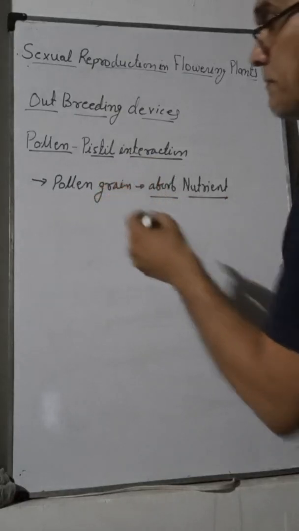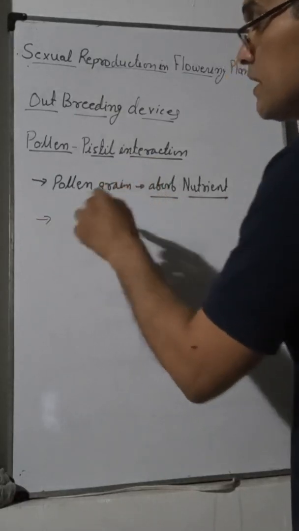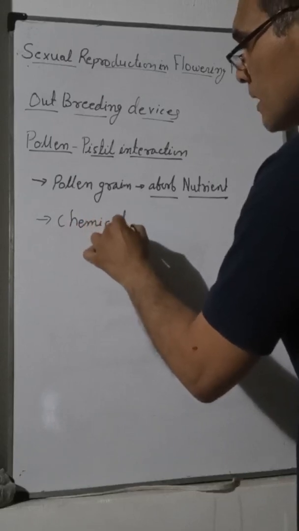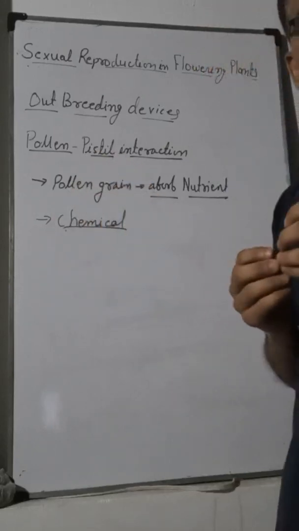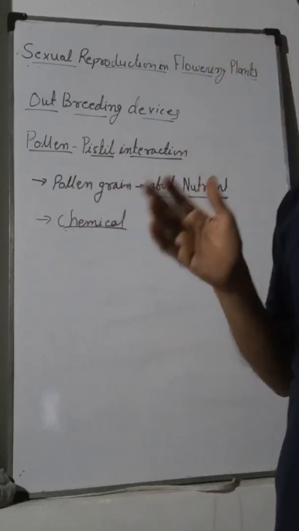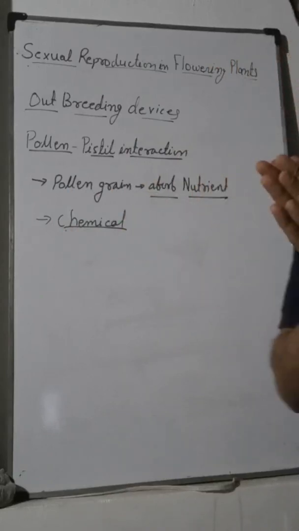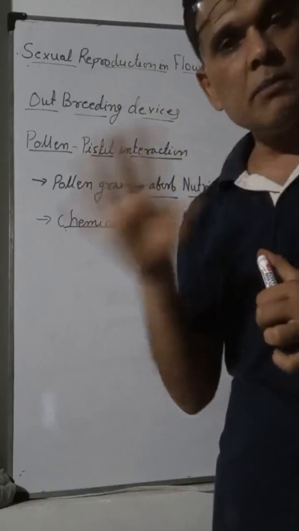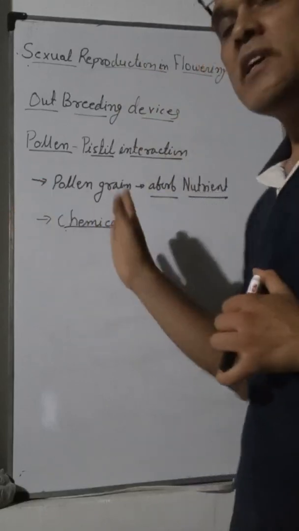after that different interactions will take place, and different types of chemicals will be formed inside the stigma and pollen grains. If the right chemical forms, the pollen grain will be accepted. If the right chemical does not form, it will be rejected.